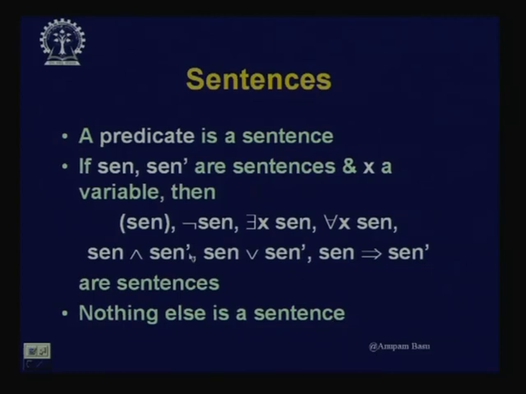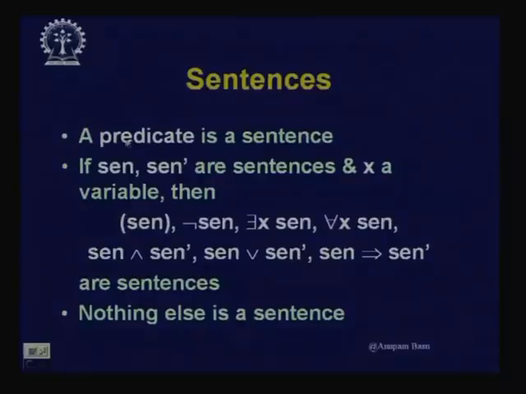So, what we really mean is we start with the predicate, say P x, say tall x, that is a sentence, and say strong y is another sentence. So, tall x is a predicate and hence it is a sentence. There exists some x such that tall x is a sentence.